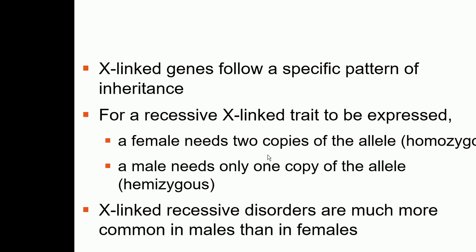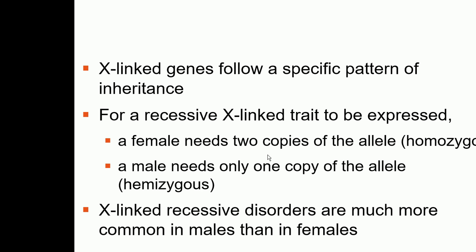Males do not have two copies of the X chromosome. They have only one X chromosome, the other is Y. So if a mutation takes place on the X chromosome, there is no second copy, and that mutation is going to show its effect.